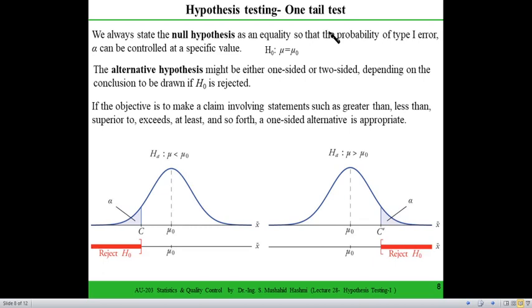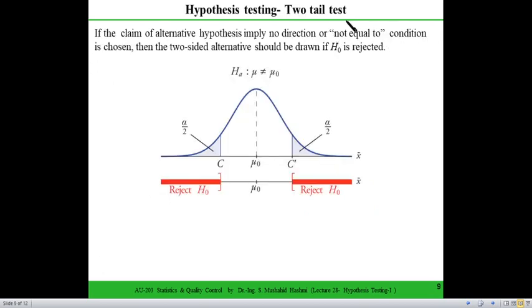Since it is either smaller than or greater than, we call it a one-tail test. The two-tail test is when your alternative hypothesis implies no direction, whether greater or smaller, but says your mean is unequal. So you can say on both sides, the whole alpha is divided into two parts, alpha by 2 and alpha by 2. The total area represents a certain probability.